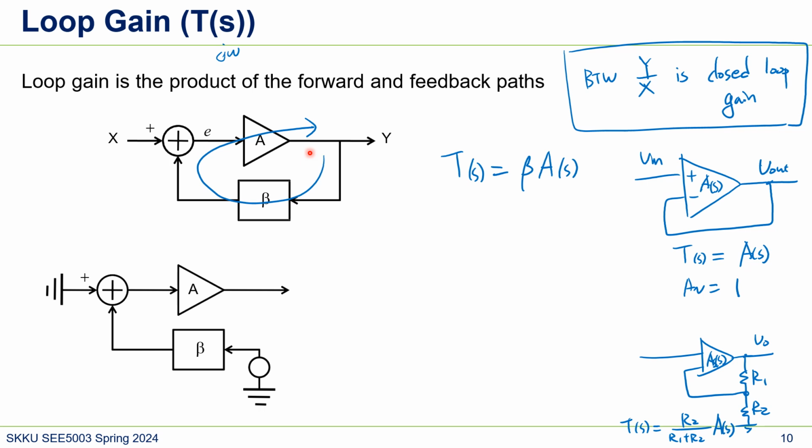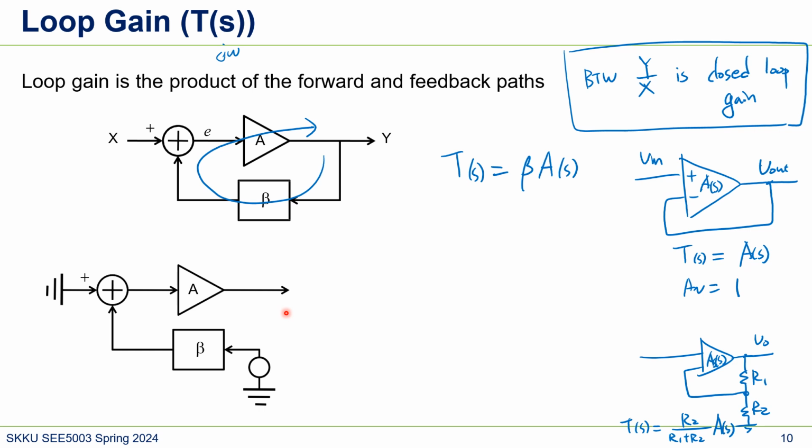So it's kind of tricky, because we want to measure the loop gain, but actually these are connected. What we want is to disconnect them, but at the same time keep the voltage there.